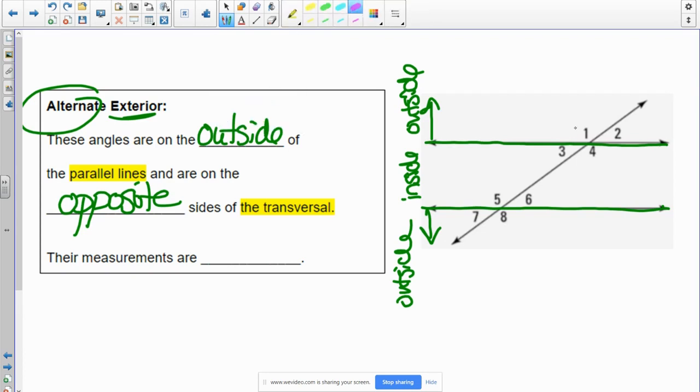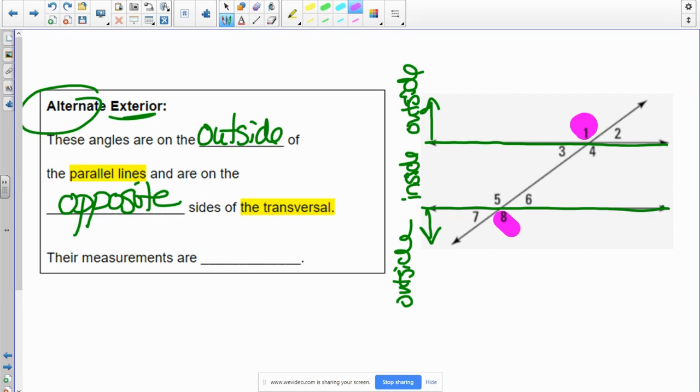So let's look at what that looks like. We're on the outside. So I want you to totally ignore this middle part, like pretend they're squished together. Like if we just took those two parallel lines and put them right next to each other, you would notice that angle 1 is on the left side of the transversal, and then we're going to go to the opposite side, or the alternate angle, and you're going to notice that 8.